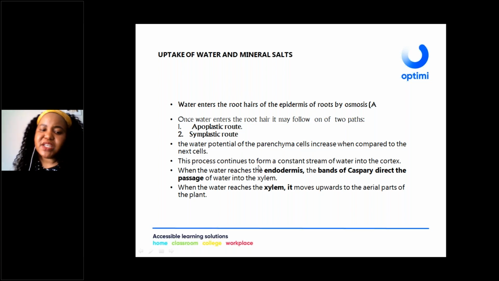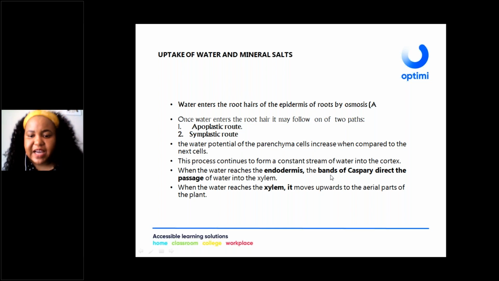The process continues to form a constant stream of water that is forced into the cortex by the root pressure. And then as soon as the water reaches the endodermis, there we've got tissues again, so it might be necessary for you to revise your tissues again so you can visualize what I'm talking about here.